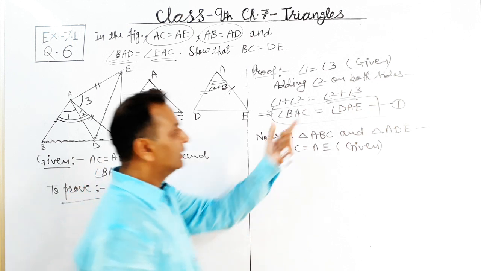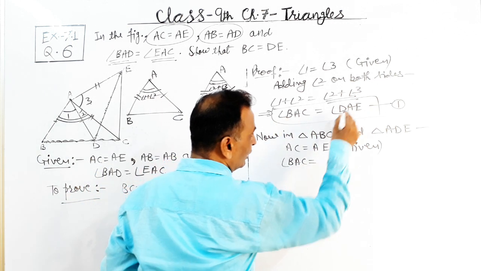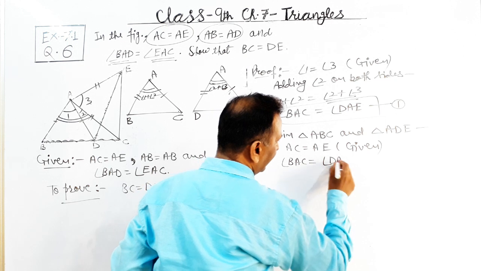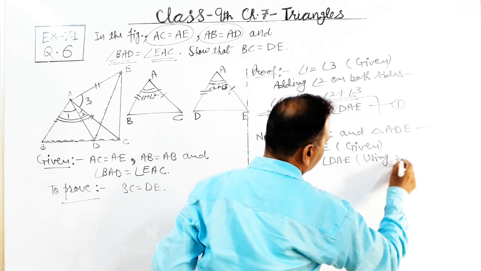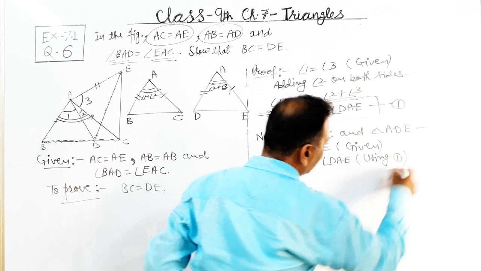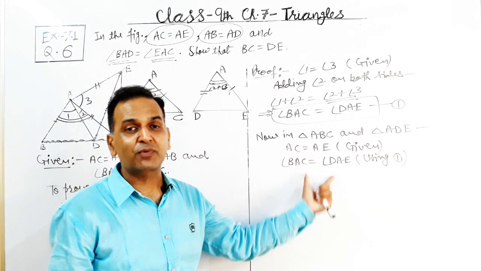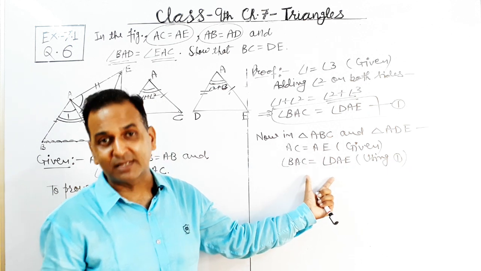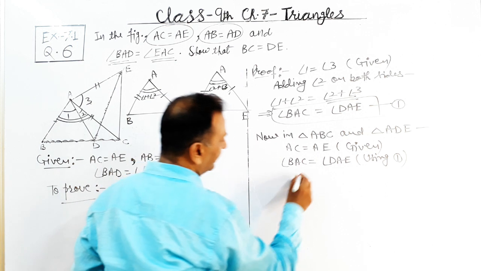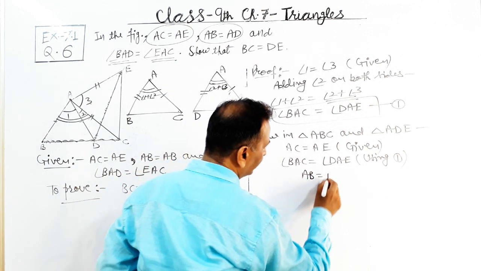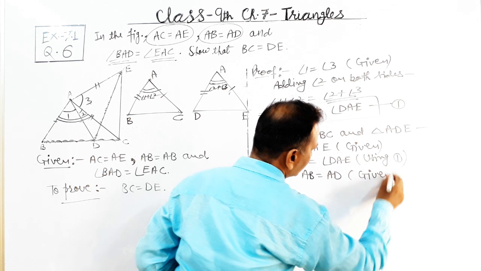Angle BAC equals angle DAE. Why? Because this is the result which we have proved ourselves. So mention the reason using result number 1. And the last point, AB equals AD, because it is given in the statement.